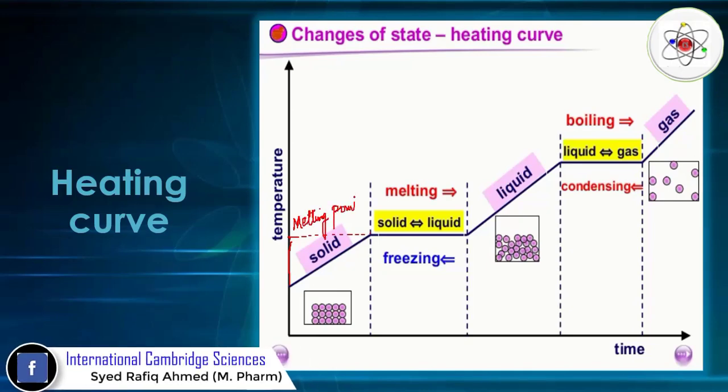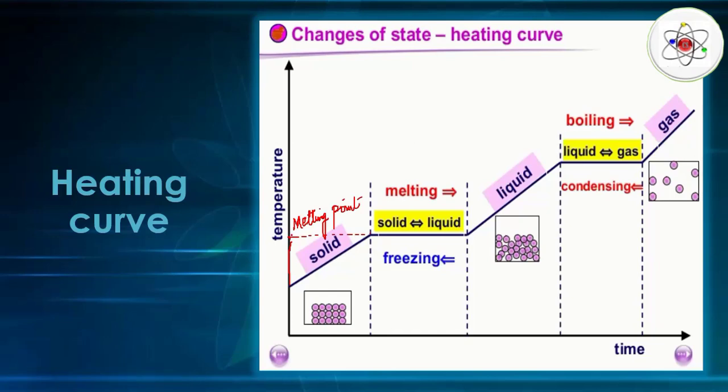At the melting point, the solid starts changing into liquid without increasing the temperature. Why does temperature not increase? Because the heat being supplied to the solid is utilized to overcome the attractive forces. So temperature does not increase until all the solid particles change into liquid. When the entire solid changes to liquid, then temperature again rises.